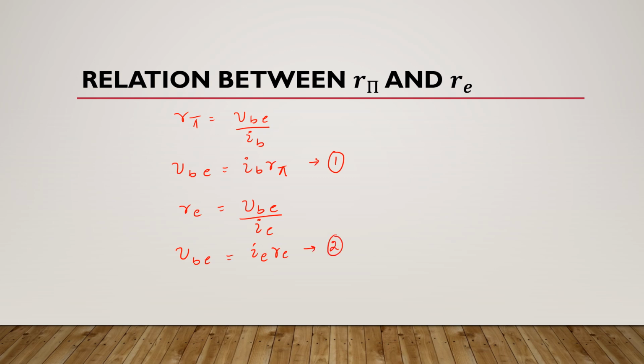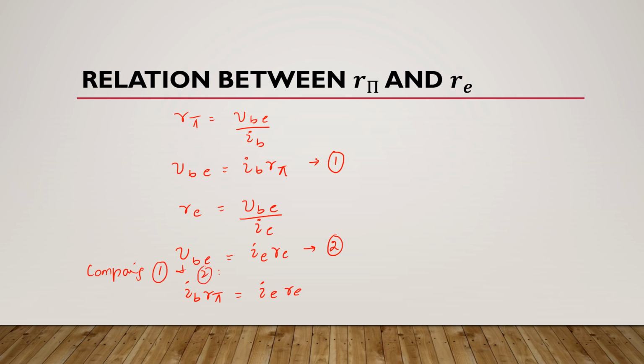Now if we compare equation 1 and equation 2, we can write it like this: IB R pi is equal to IE Re. Here we are comparing equation 1 and 2.